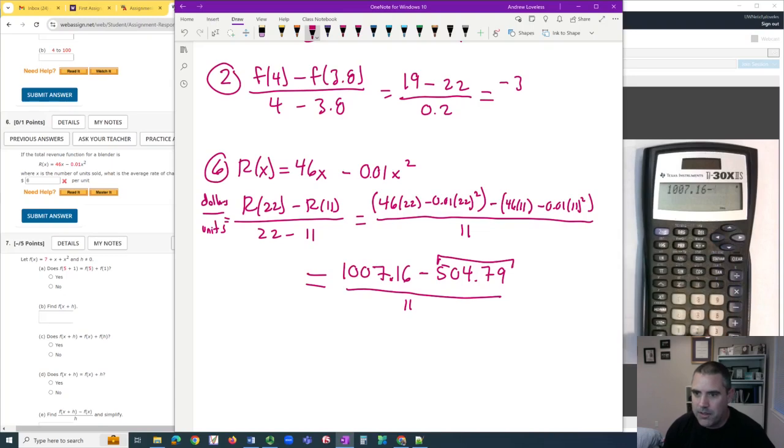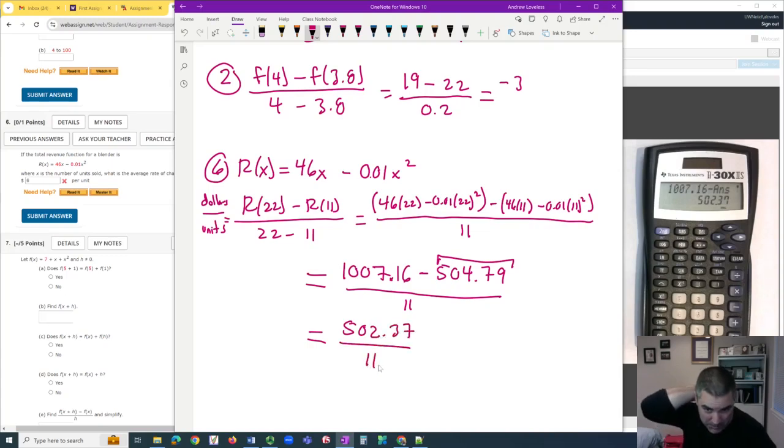So there's an important little thing here. You do second answer, and it subtracts that, 504.76. That's a pretty slick little maneuver if you've never had to use a calculator before in this way. And you can double check, all right, that's reasonable. And then I want to take that answer and divide by 11.